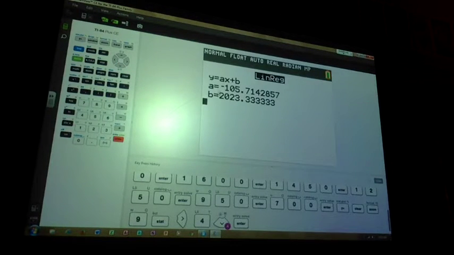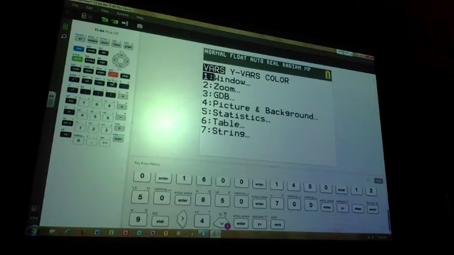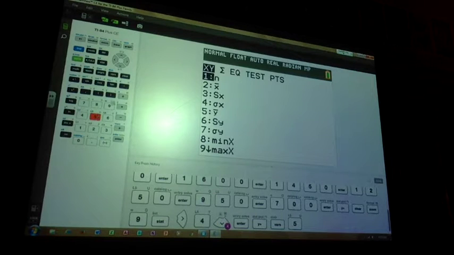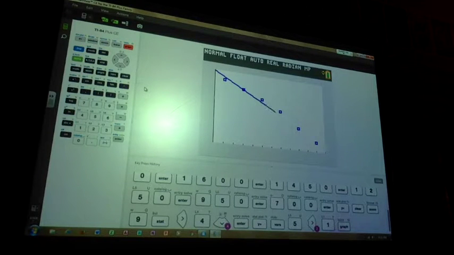So my equation, y equals negative 105.7 x plus 223. If I go into y equals, I can do this. Vars, stat, equation, 1, graph.